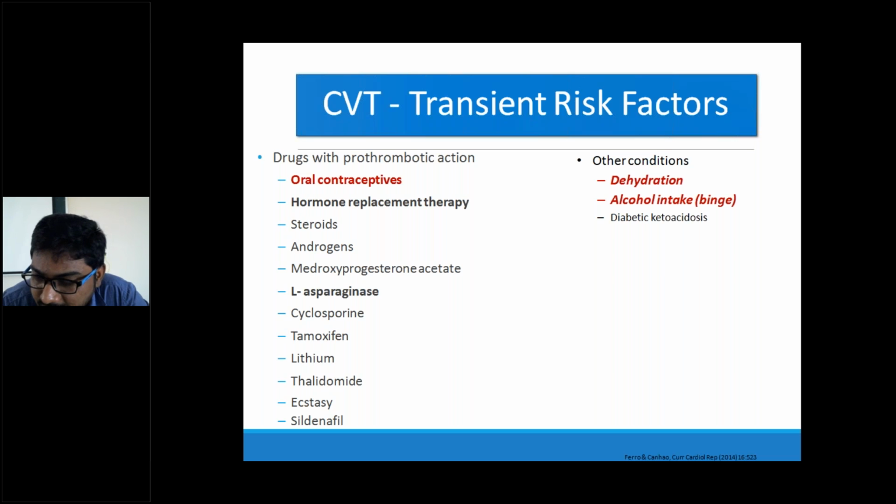Do you understand? The drug is metabolized fast, so the response to the disease will be less.